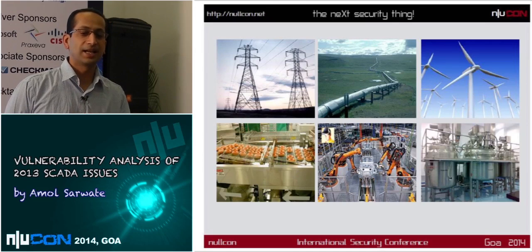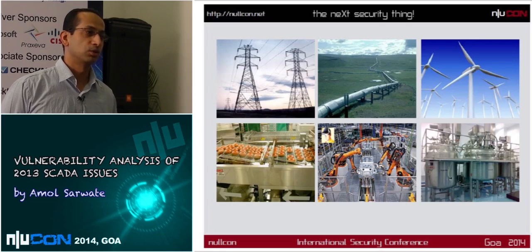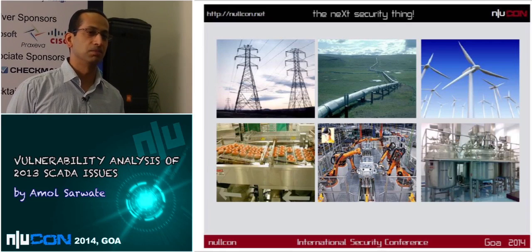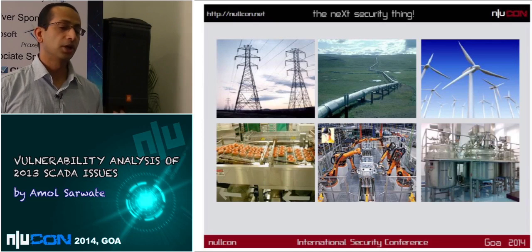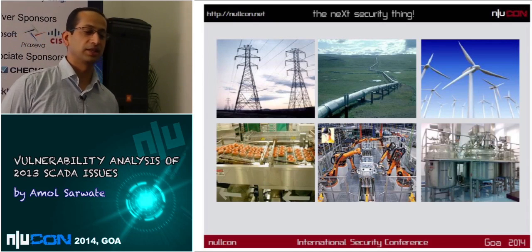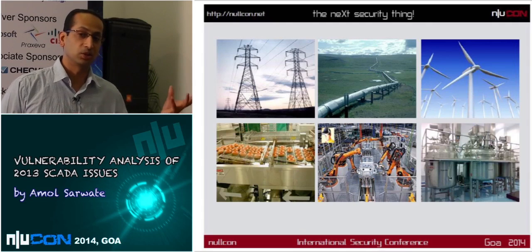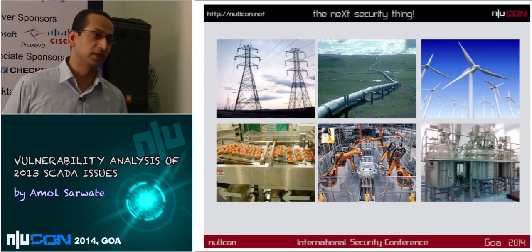Instead of just looking at these acronyms, let's look at some pictures that may be more familiar to all of us. What we see here are some electrical power lines, some gas pipelines, some windmills on the top, and on the bottom some industrial control systems, like a donut manufacturing plant where you can see all these donuts going on a conveyor belt to get fried.